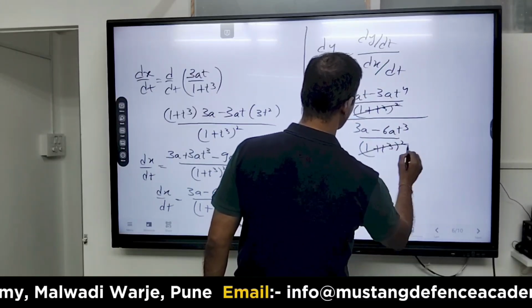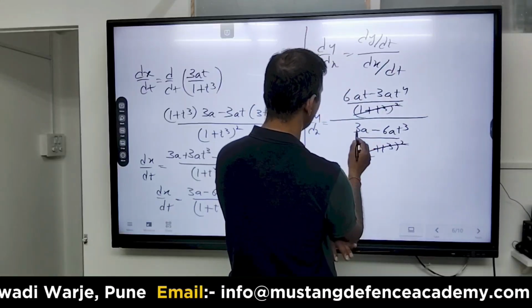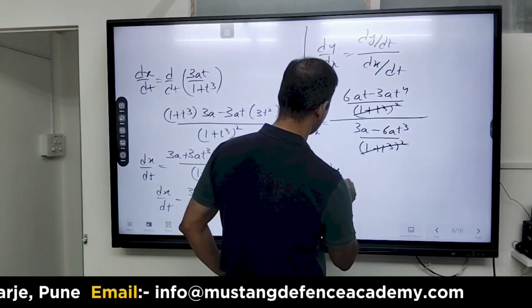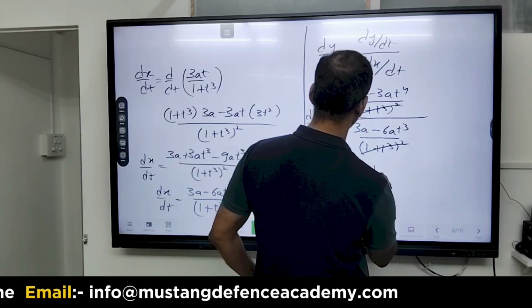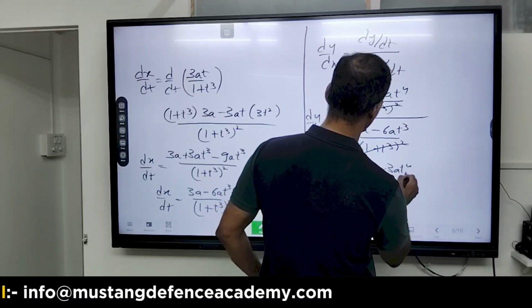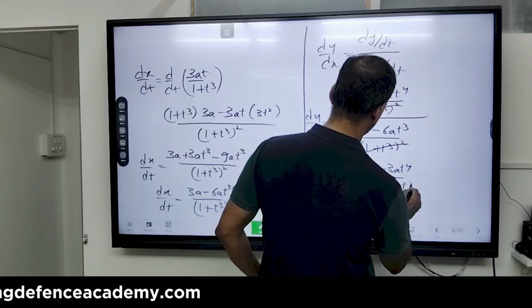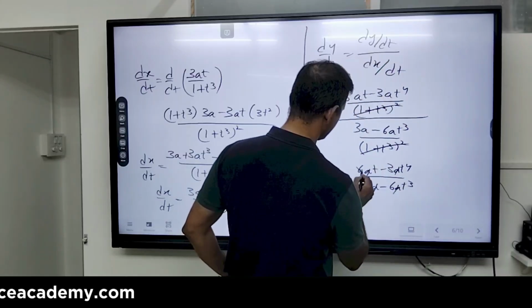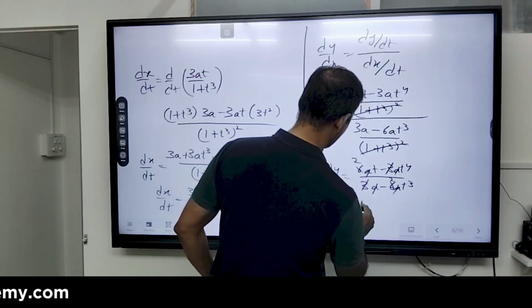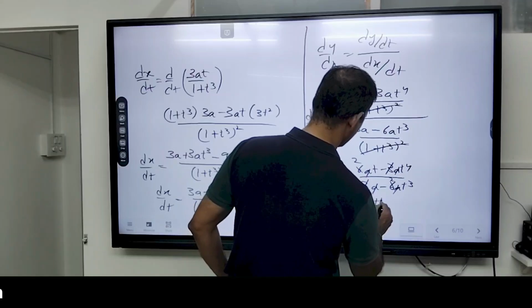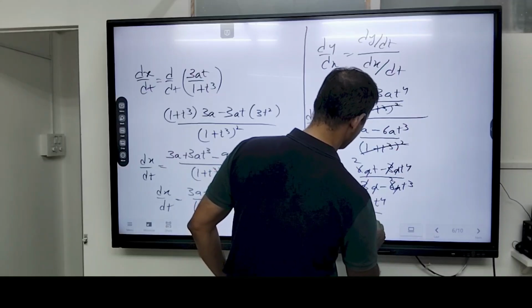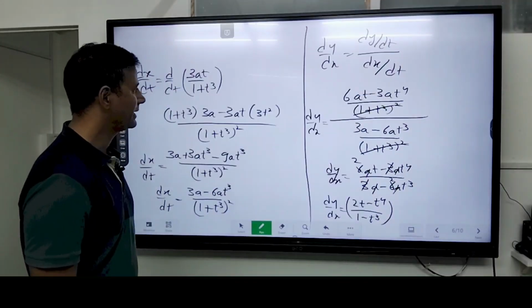So we can take 3a common, dy by dx would be equal to 6at minus 3at raised to 4 upon 3a minus 6at cube. 3a gets cancelled, so this would be 2t minus t raised to 4 upon 1 minus 2t cube. So this is your final.